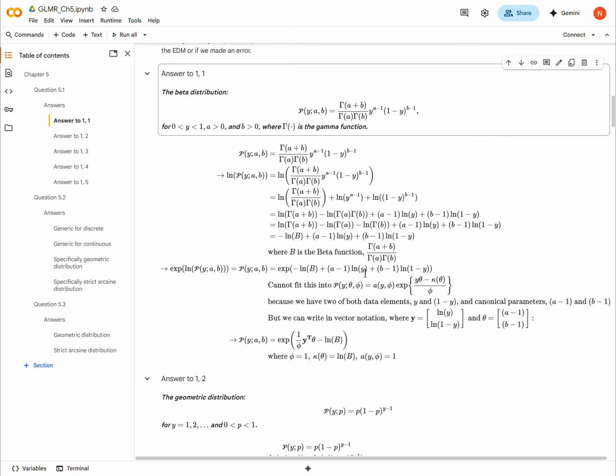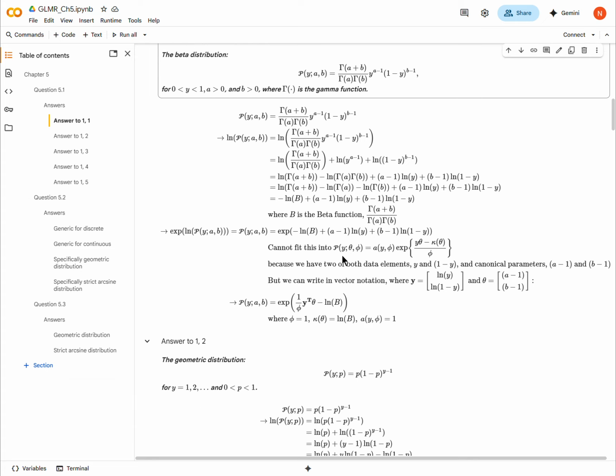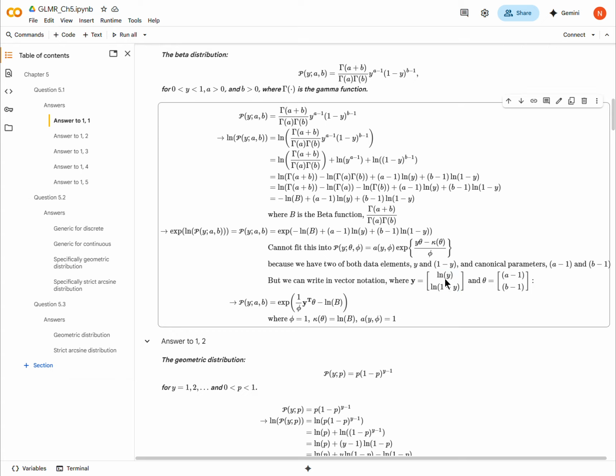Now, the beta distribution here is just a little bit unfortunate because I think that the book would say that you cannot put this into EDM form, and part of that is because of, for lack of a better way of saying this, the number of parameters that are included in the beta distribution. But I think that I found a way here to vectorize what would otherwise be too many, and then put it into the proper format here.